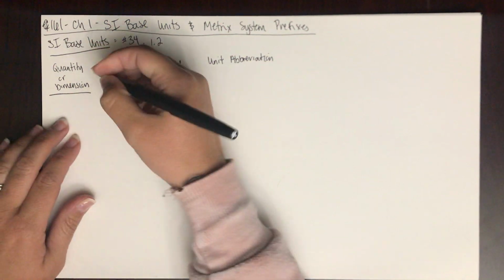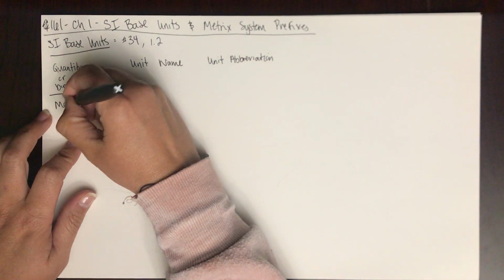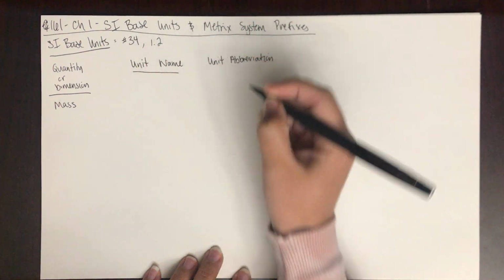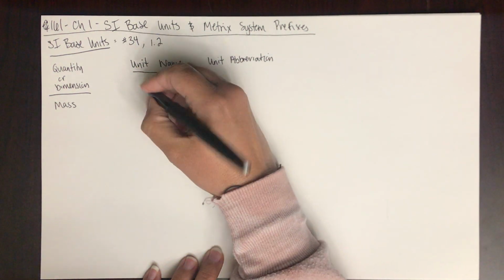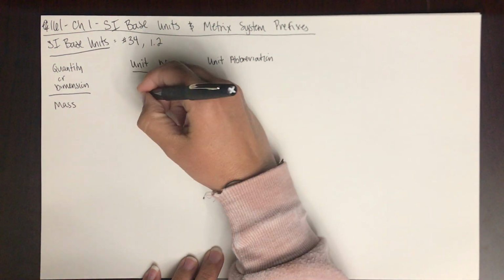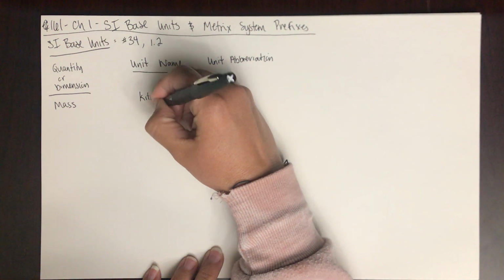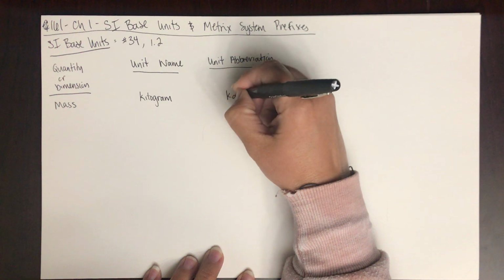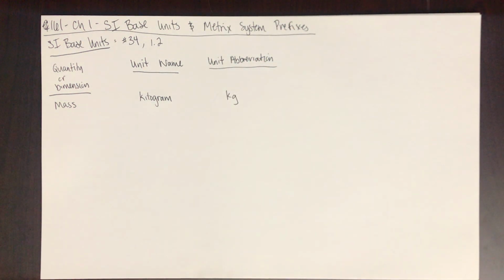Okay, so first we have mass. The unit name for mass is kilogram, and the unit abbreviation is kg.